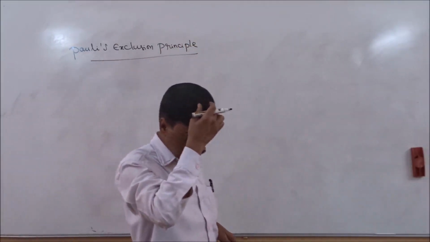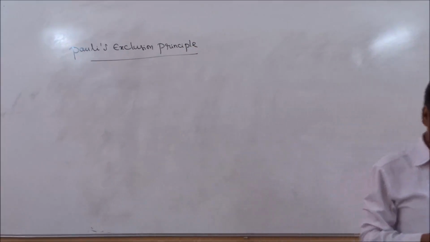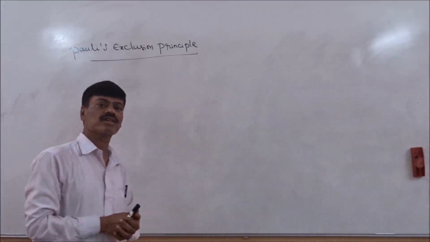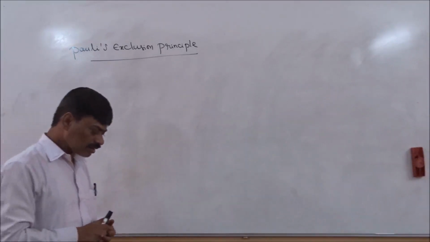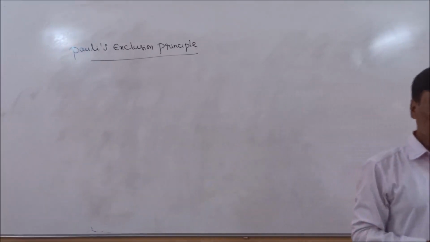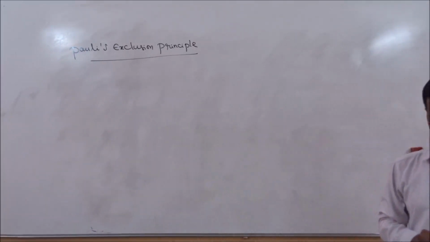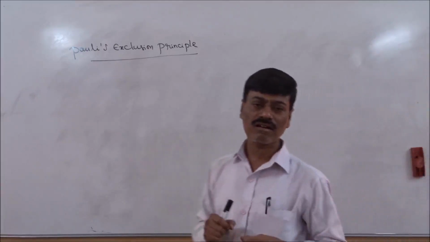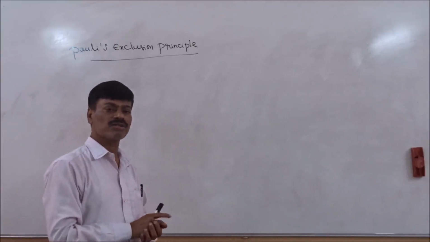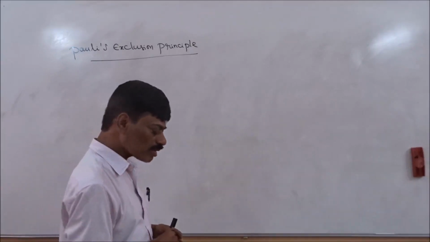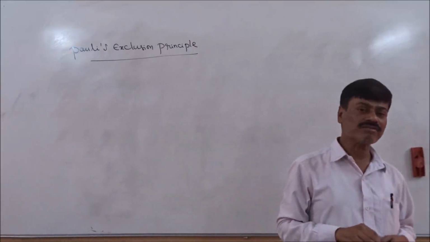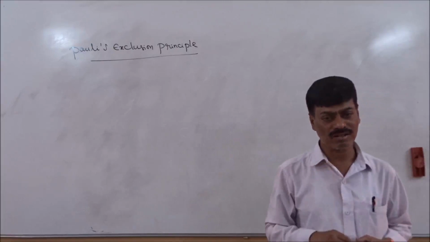According to Pauli, the scientist, no orbital of any subshell can get a paired electron till all the orbitals of that subshell are filled with 1 electron each. If you take p subshell, it has 3 orbitals. These 3 orbitals should be filled with 1 electron each. Thereafter, pairing of the electron will begin from the first orbital.